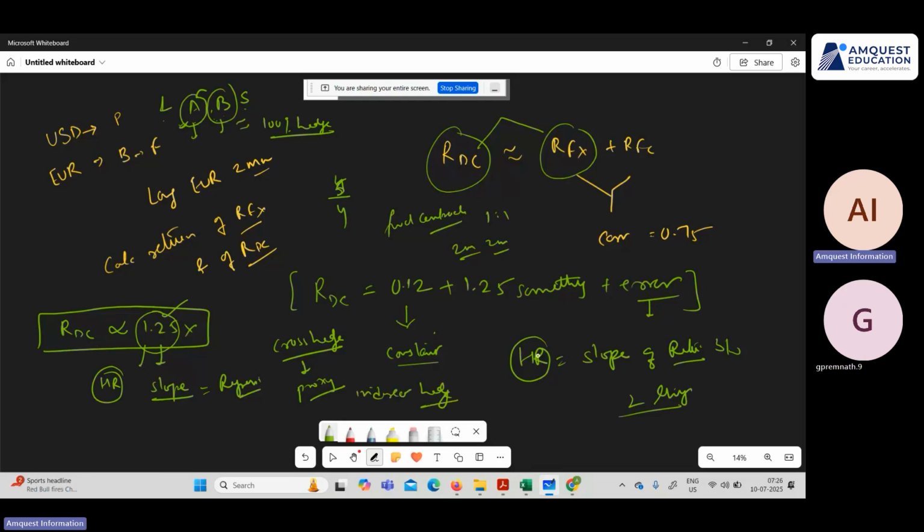I gave an example of the US equity market versus S&P 500 futures. Although I said that they are highly correlated, that does not mean one. Right? Which means that if this moves by, let's say, 5%, and if there's an 80% correlation, it means this will move by 4%.